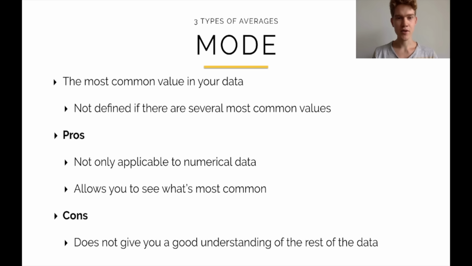So that you can say the most common country that we have, or the average kind of country that we would expect here, is the US. And sure, there are other countries, but the average or the most common one is going to be the US in this case. And the other pro is that it allows us to see what's most common, what pops up the most. So that's a great use of the mode.